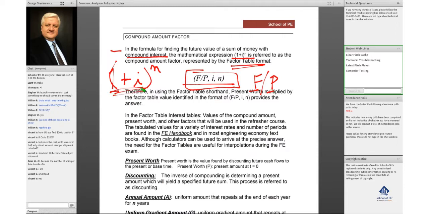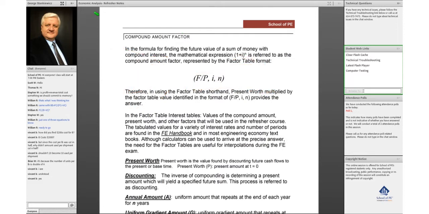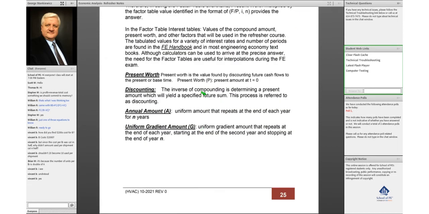Those are the numbers that are already multiplied. Where do all those numbers come from? The equations we're going to be exploring next. Effectively, the factor tables shorten your time in going through detailed calculations, and let's continue to explore this. The concepts that you need to make sure you understand are the following.